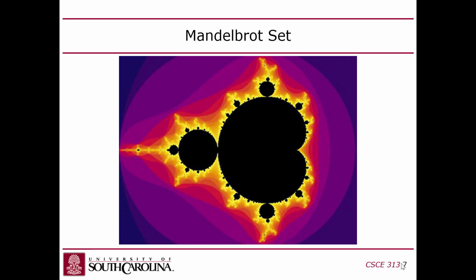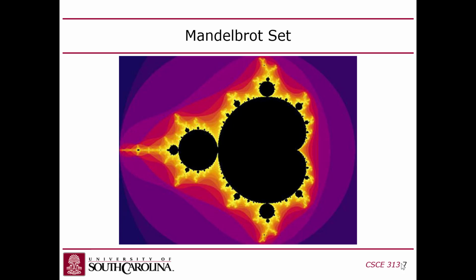So really what this is, it's a bunch of black pixels arranged in these bulbs that represent x, y values that are in the Mandelbrot set. The brightly colored pixels are pixels that are not in the set, but they were almost in the set. And the brightness of their color represents how close they were to being in the set, right?